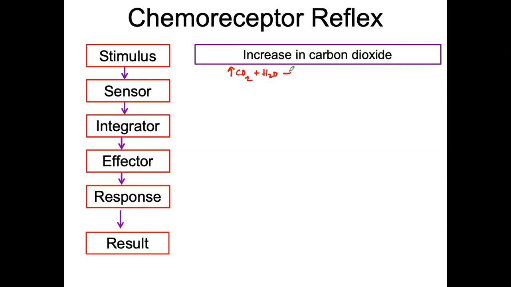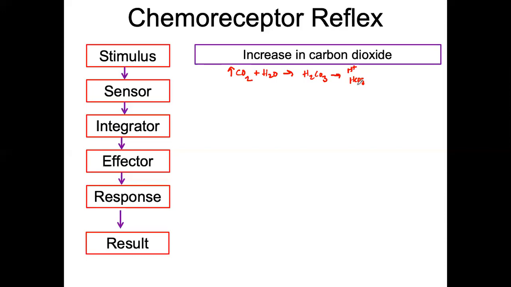If you have more CO2, that's going to drive the reaction forward. You're going to make carbonic acid, and that is going to acidify tissues, right? So if you keep going with this, you're going to increase protons, and you're going to make bicarbonate.